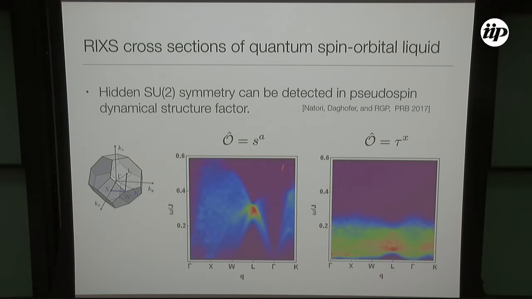And that is really true here in the calculation that we can do within this mean field theory. And here's another example for something that only involves the pseudo-orbital operator tau x. And you see that the energy scales are really different. This would excite different flavors of Majorana fermions, and the distribution of spectral weight is really different. So in principle, you take combinations of these things, you could probe different excitations.